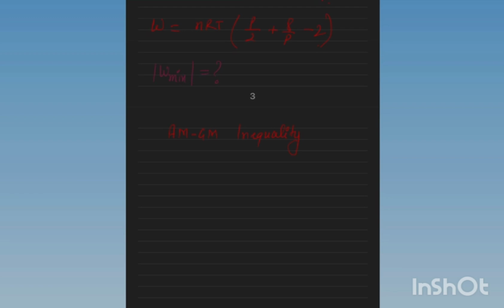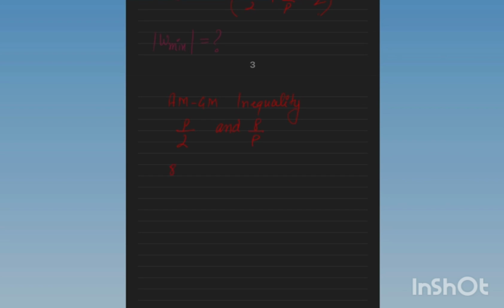We can calculate it like this: if we have two numbers, the first number is P by 2, the other number is 8 by P. So we can calculate the AM, which is (P by 2 plus 8 by P) divided by 2. The average of that will always be greater than or equal to the root of P by 2 into 8 by P.